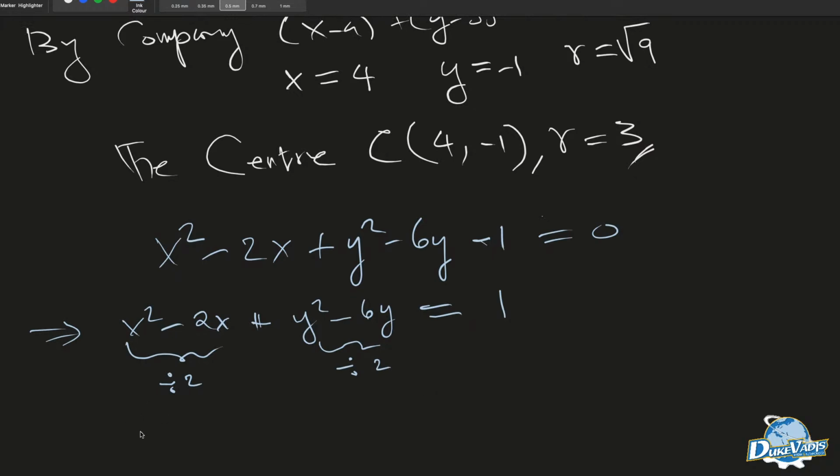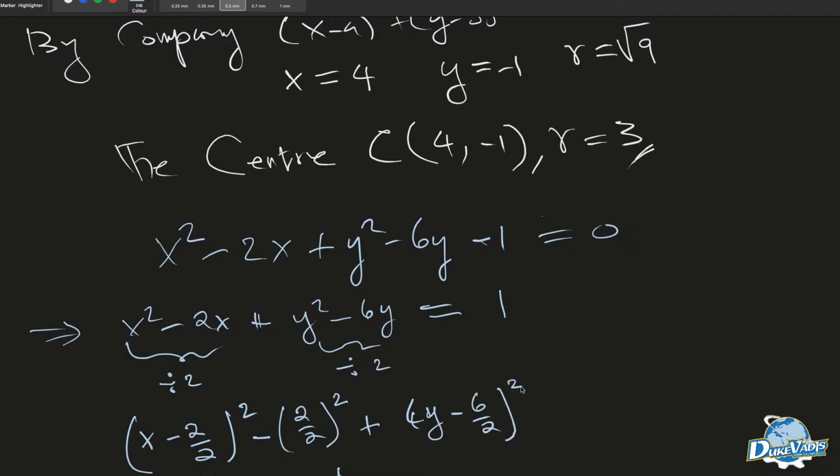So this will give me (x - 2/2)². Then I'll subtract the (2/2)² from this side. That completes the first one. Then the second one, I have (y - 6/2)², minus (6/2)², is equal to 1.